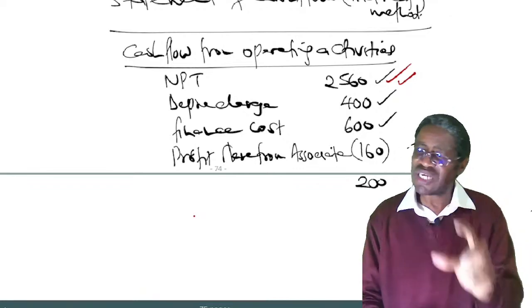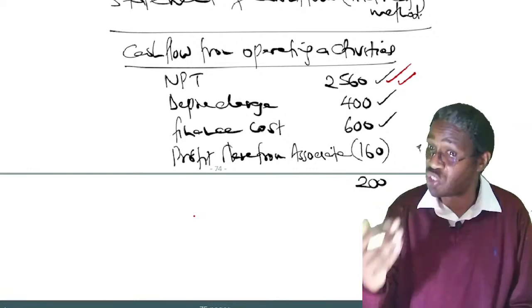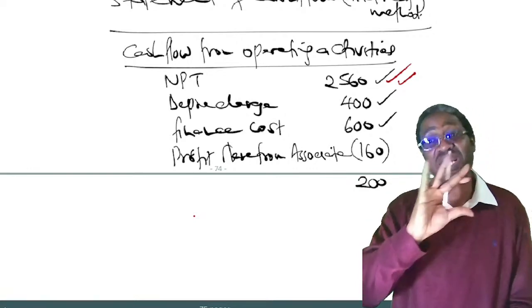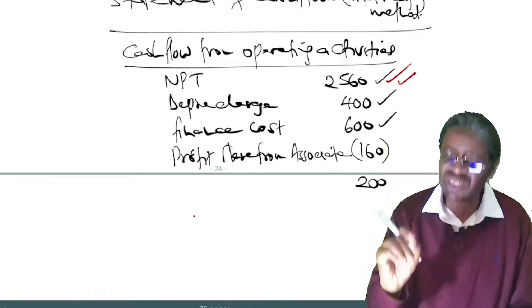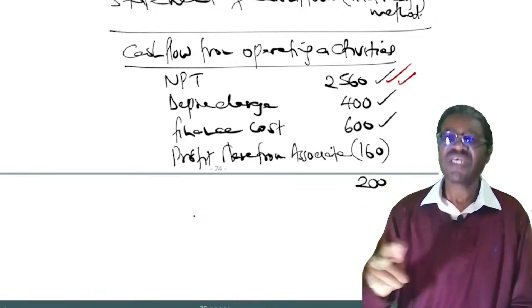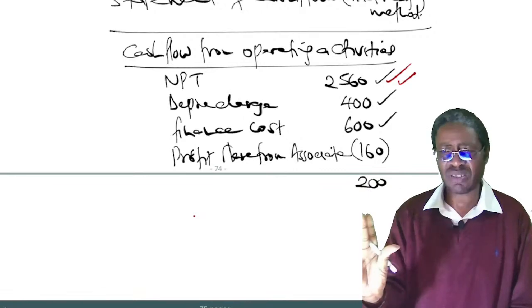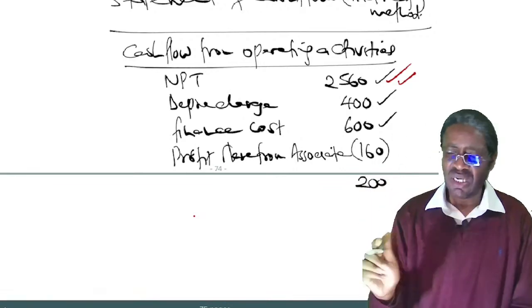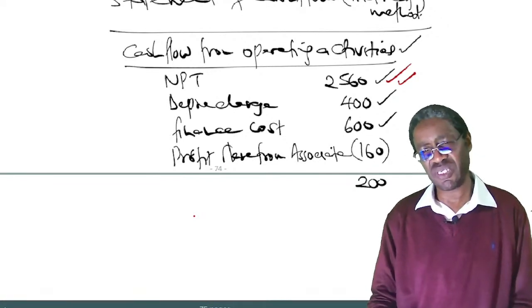So it's not that I am adjusting it because it's an uncashed item like the profit share, the depreciation, or the finance cost. Those are uncashed items. But that 200 we received from our investment, they treated it rightly in the income statement, they added it. But when it comes to cash flows, we are calculating cash flows from operating activities.